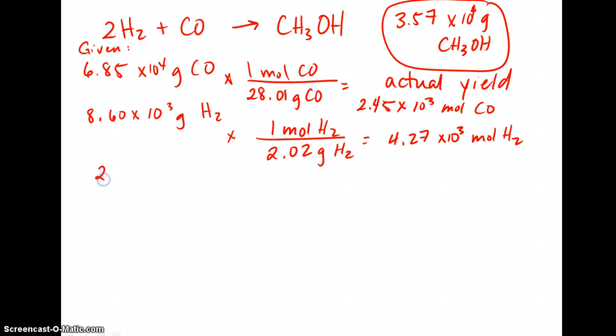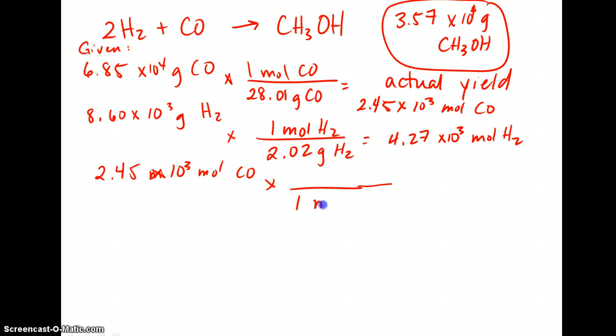I can take any of those numbers we just solved in moles. So 2.45 times 10 to the third moles of CO. To figure out how many moles of H2 I need, I know I have a 2-to-1 ratio.